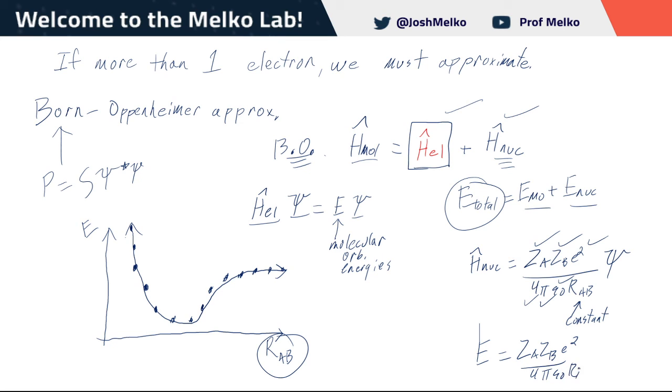The reason why that's not usually the case is usually we're changing our distance between, say, electron and nucleus. Born-Oppenheimer approximation says I'm going to separate electronic and nuclear. The nuclei are fixed for this given distance RAB, maybe it's here. I know what the nuclear energy is, it's just this for that given distance. But I do have to solve the electronic part, and then I add that to the nuclear part.